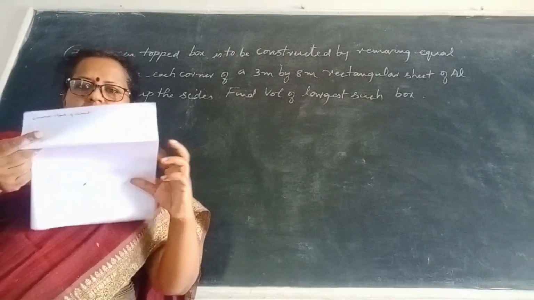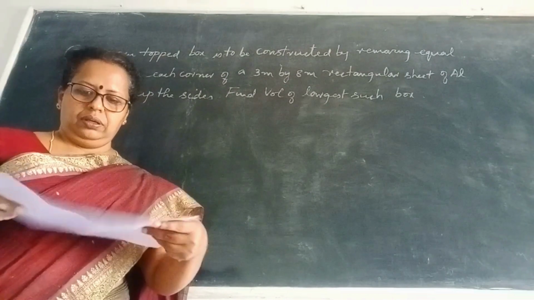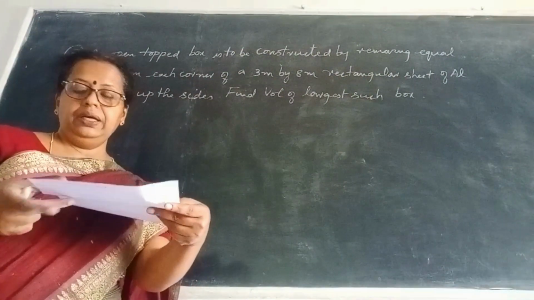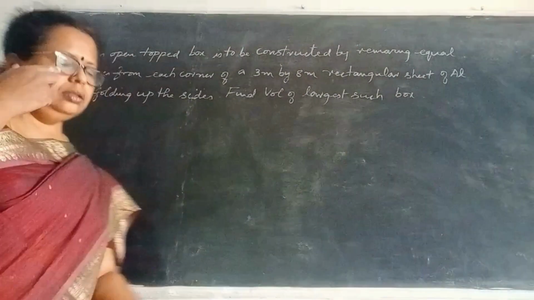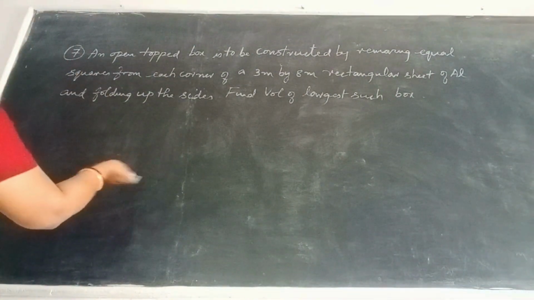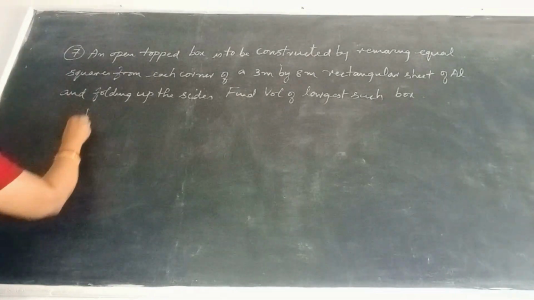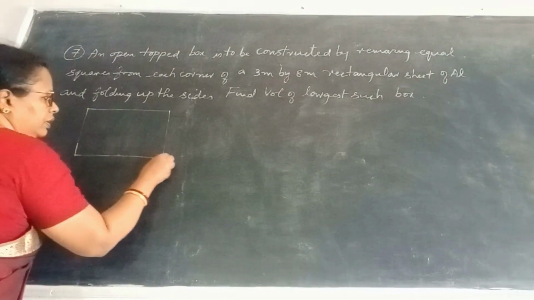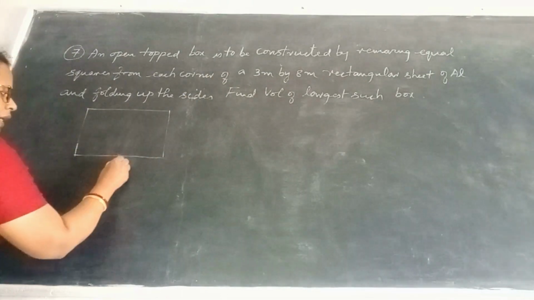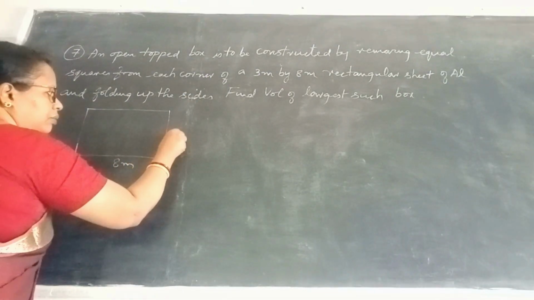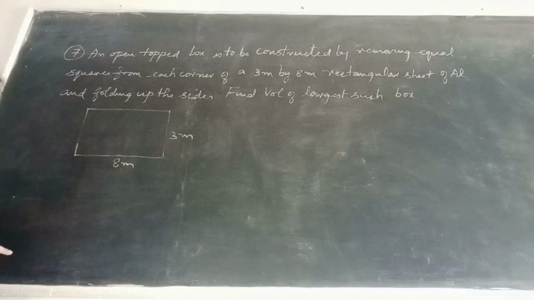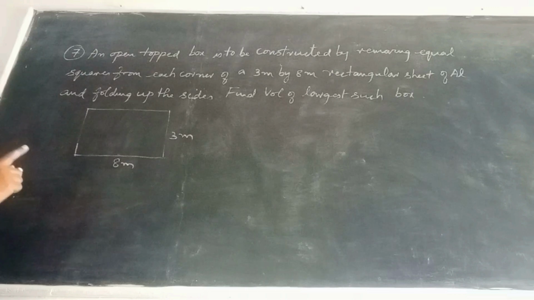When the sides are folded up, it will form a box. So let us understand this question by the figure. An aluminium sheet is given with sides 8 meter by 3 meter, so length 8 meter and breadth 3 meter. This is to be converted into a box open at the top.